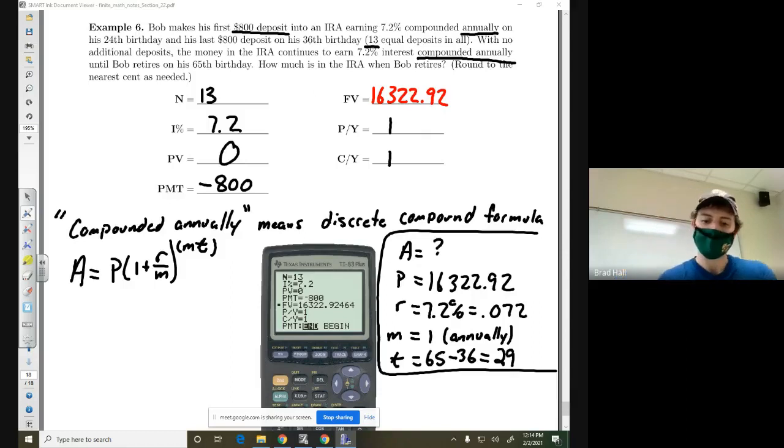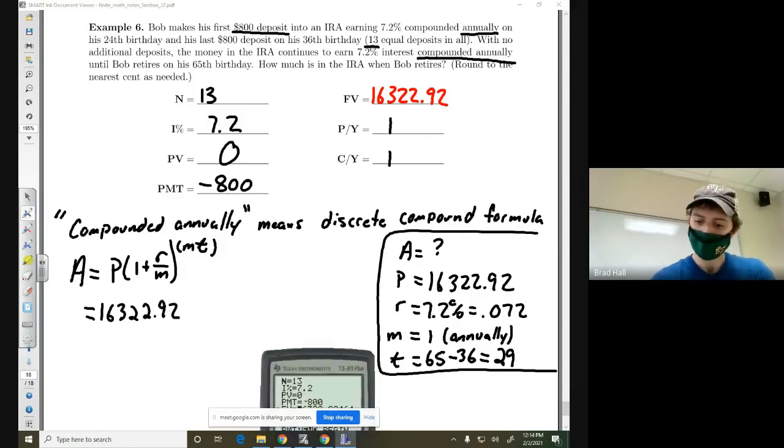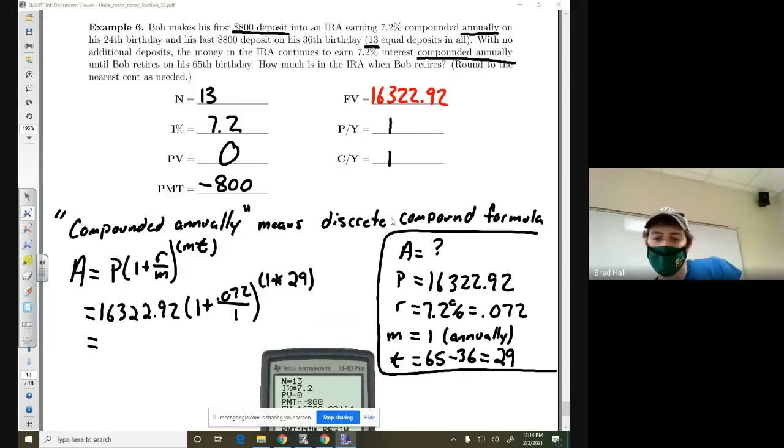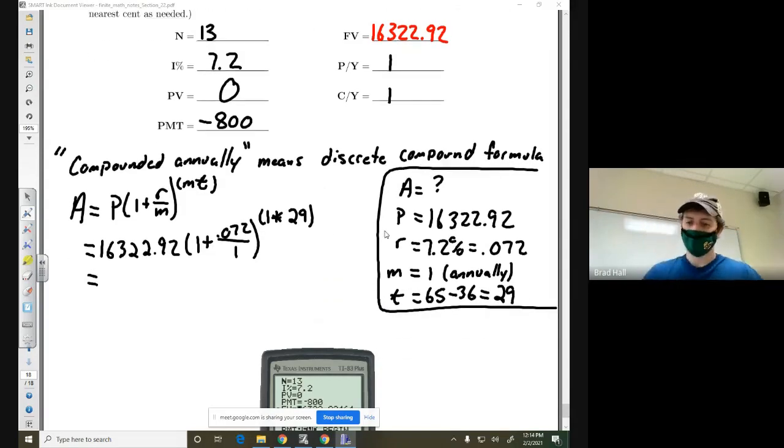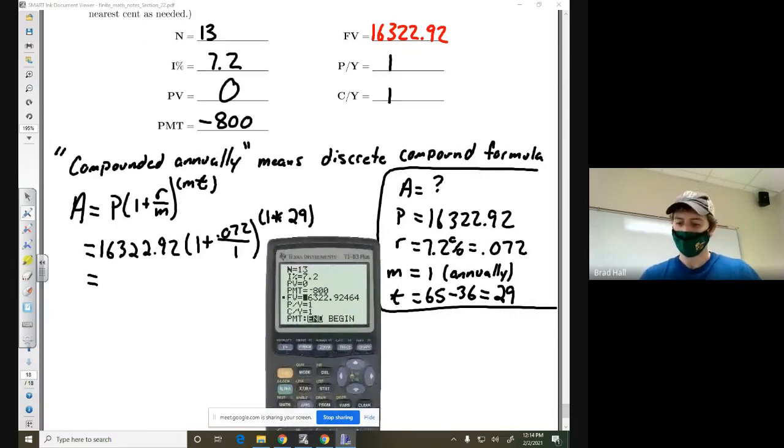And we want to know the future value. That's 1 plus 0.072 over 1, raised to the 1 times 29. All we have to do is plug that directly into the calculator, and we are done.